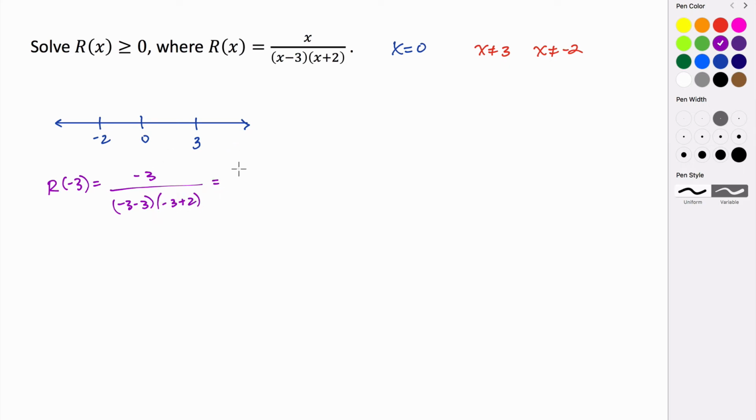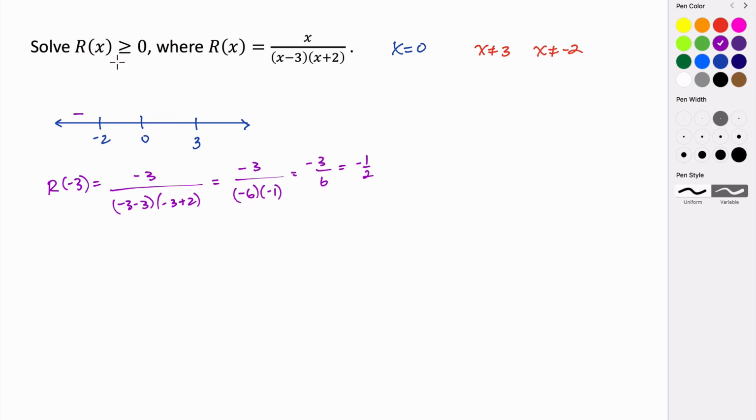That's negative 3 divided by negative 6 times negative 1, which gives me negative 3 over positive 6, which is negative 1/2. So to the left of negative 2, our graph is negative.